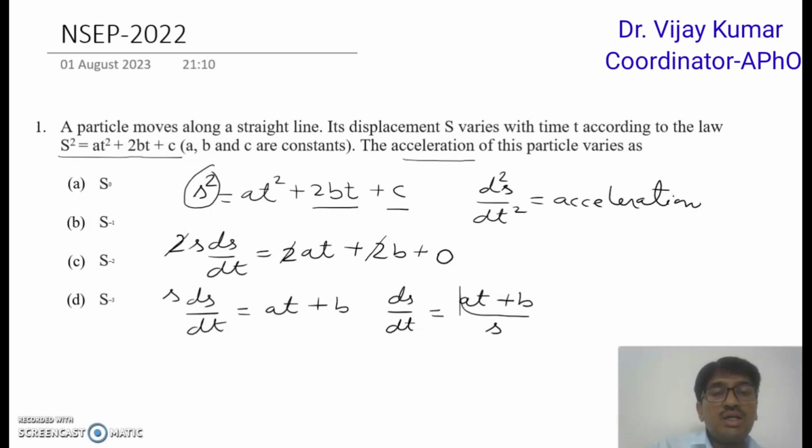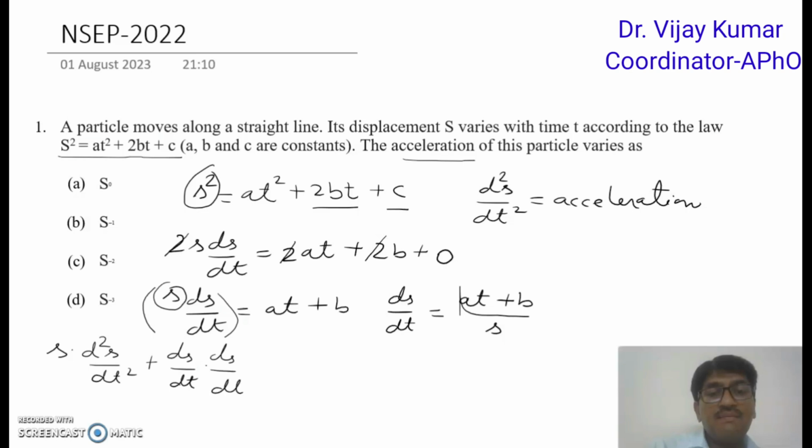Now actually we have to determine d2s upon dt square, so we should differentiate this equation again, and if we differentiate, the first term s stays as it is, times the differentiation of ds upon dt, which is d2s upon dt square, plus ds upon dt as it is, and differentiation of s is again ds upon dt.